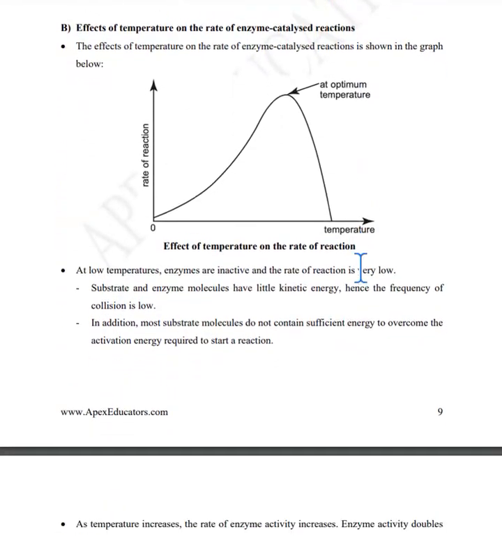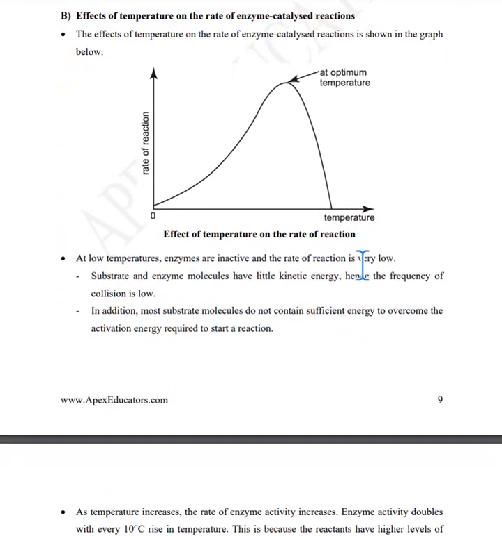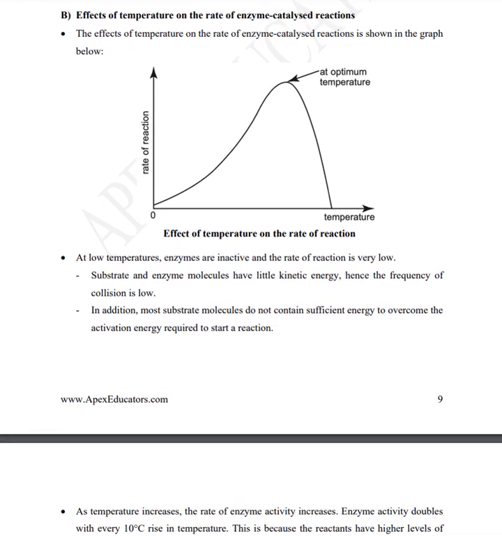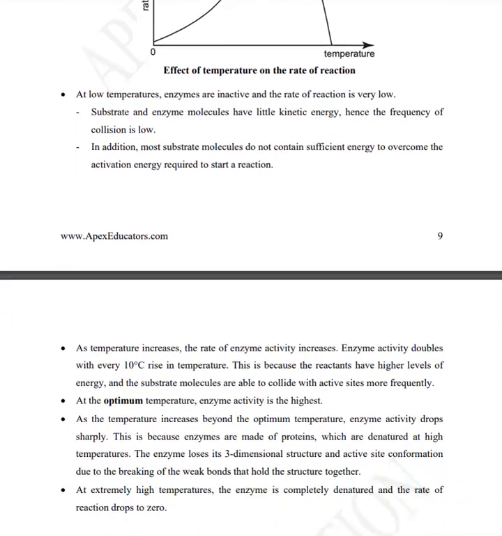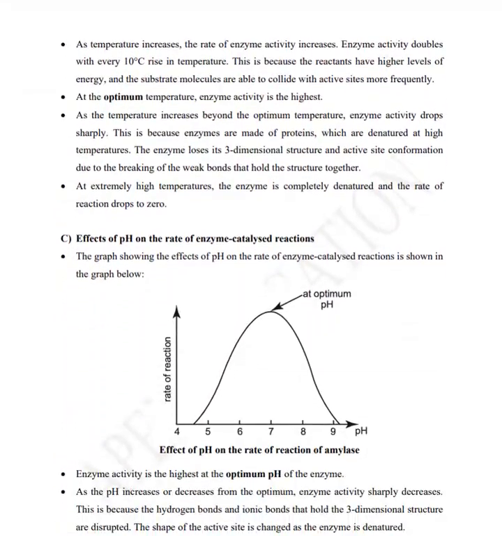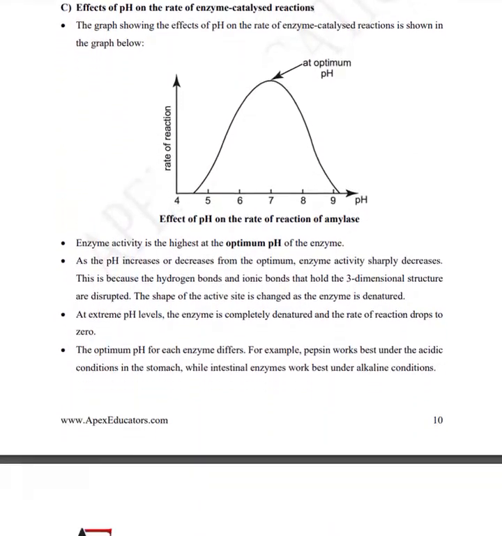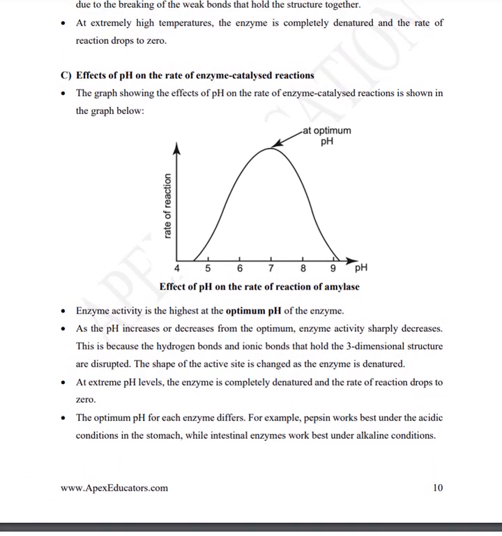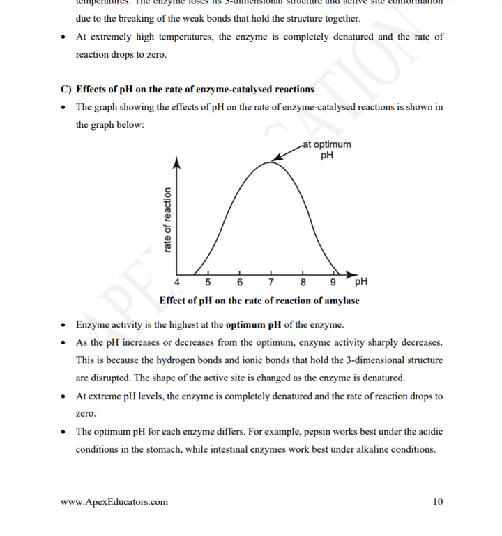Then there's the effect of temperature. This one I will scroll a bit slower so that you can take a screenshot if you need to. For the enzyme, once it reaches high temperature, the enzyme is completely denatured and the rate of reaction will drop to 0. It's straight 0.